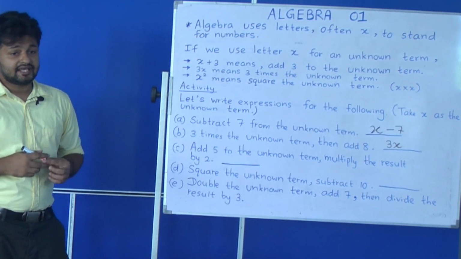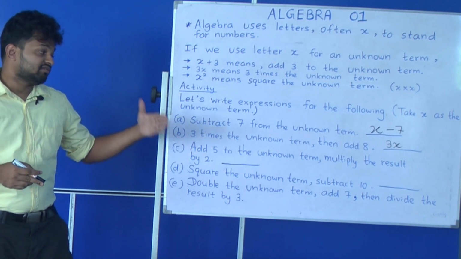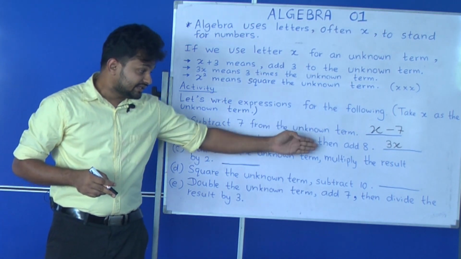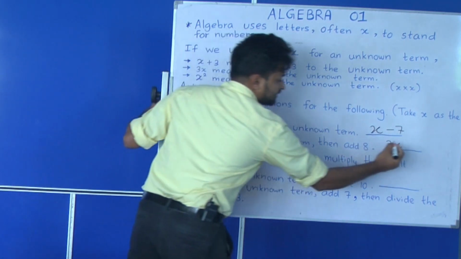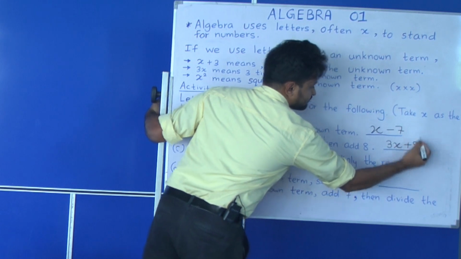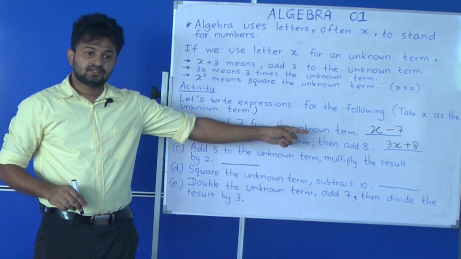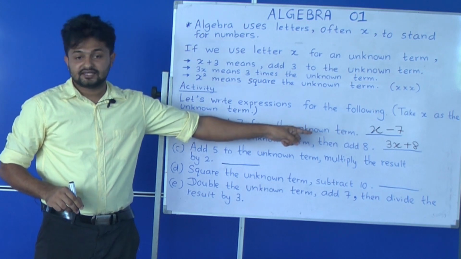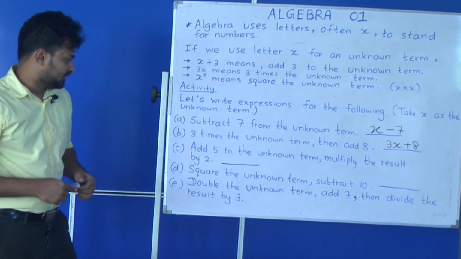The meaning of 3x is 3 gets multiplied by x. Then you have to add 8. It's simple. That expression shows you everything. 3 gets multiplied with x, then you are going to add 8 to that.